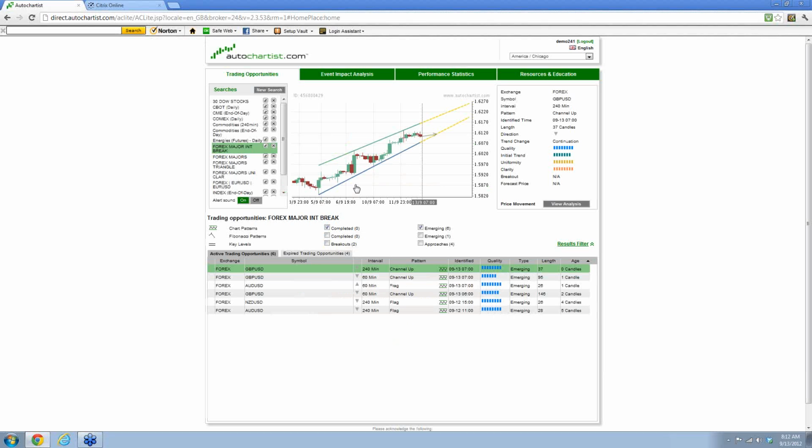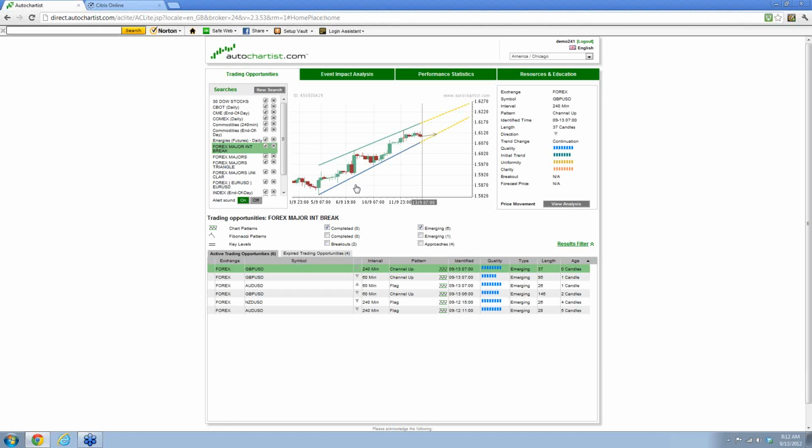As I said before, I want to search for patterns that look good, and these ratings look for patterns that take place inside of the support and resistance lines. Okay? So you can see here that we have this distinctive channel up again.